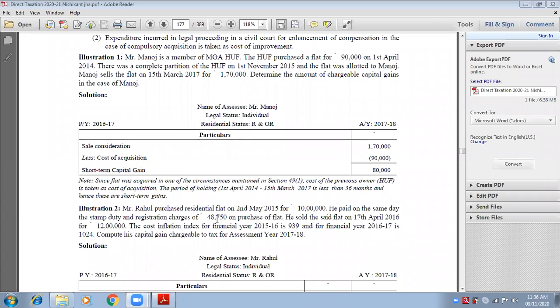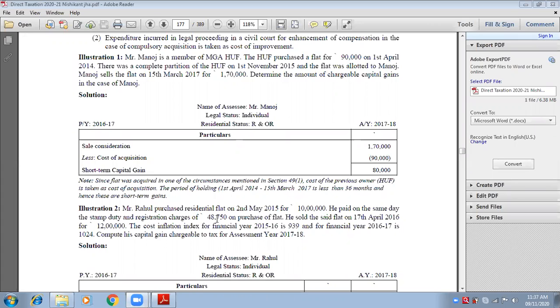Very good. That has to be written in the inner column, because both are included in the cost of acquisition. Okay. Now next, less cost of improvement.